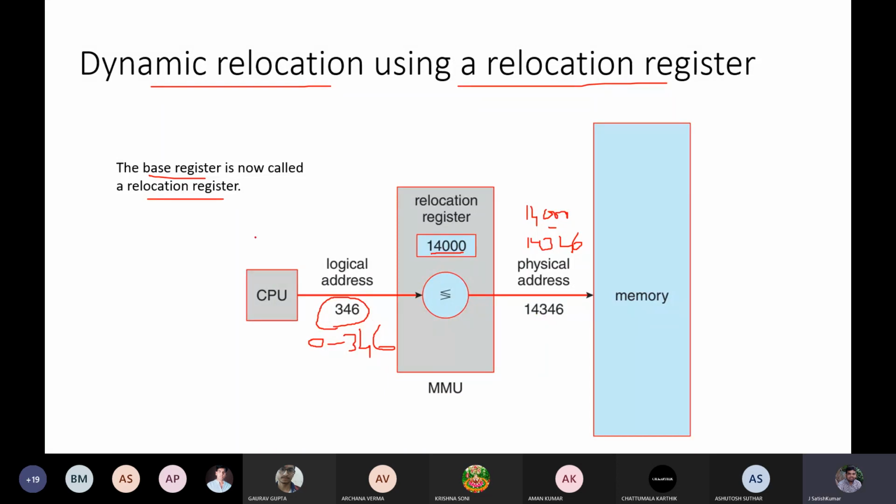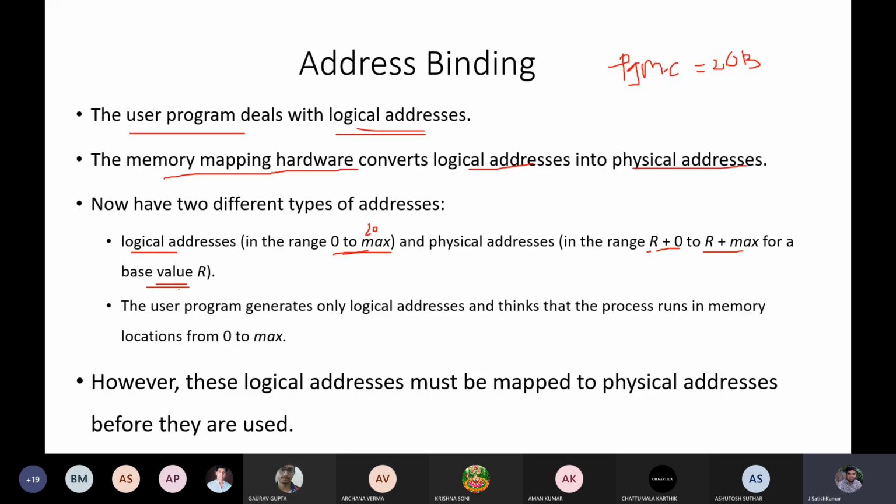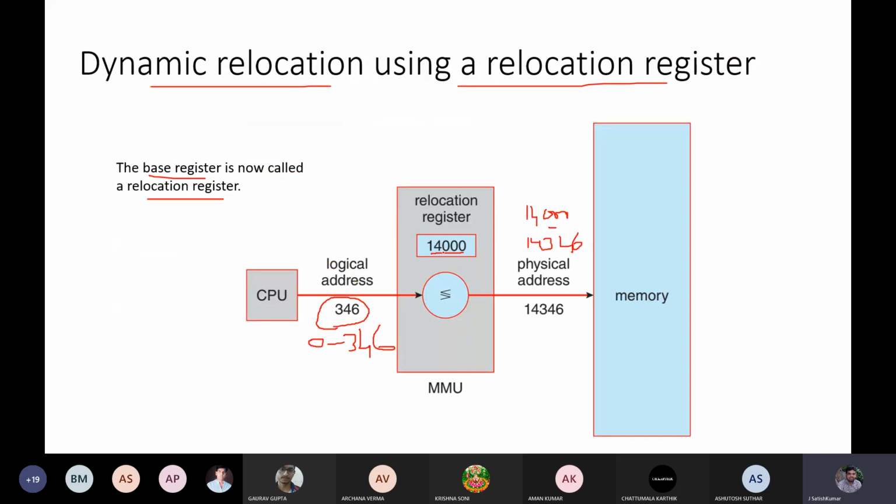Here the base register, the relocation register, that is the R. R is the base value, and the relocation register is 14,000. This address is generated by the CPU. Is this clear? Yes, sir.